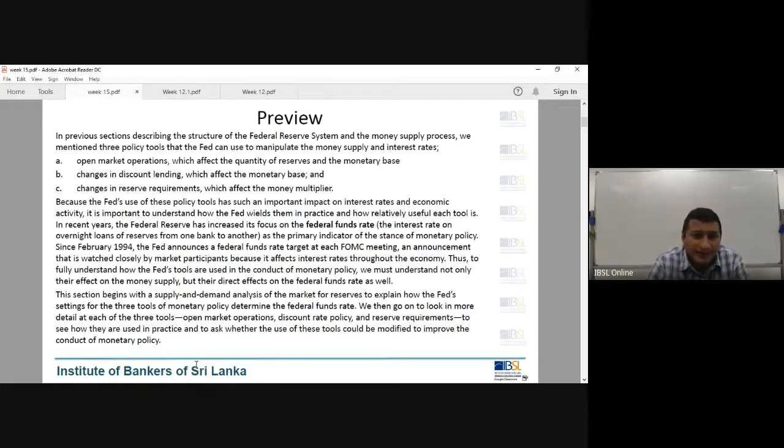So what you are basically seeing here is how these conventional monetary policy tools can be used, and how the central banks use them to make adjustments and movements in the so-called money supply process, as well as the cost of financing, particularly the interest rates.